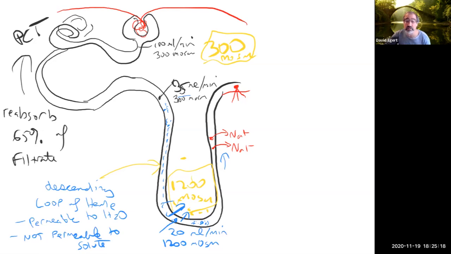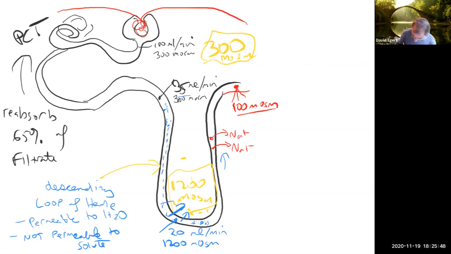If it can be 200 less than the outside with this pump... Be 1,000. No, remember what? Or 100? Right, exactly. We're down to like 100, so it's actually much more dilute than normal body fluids.